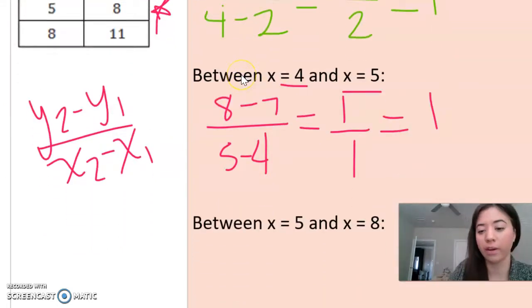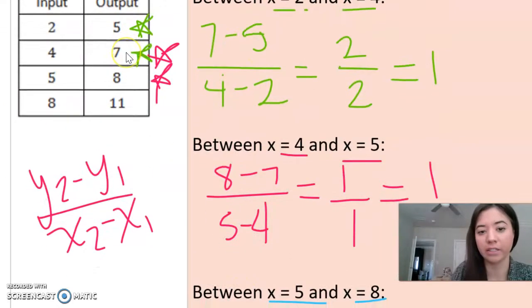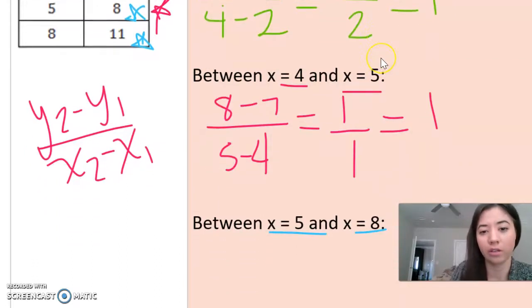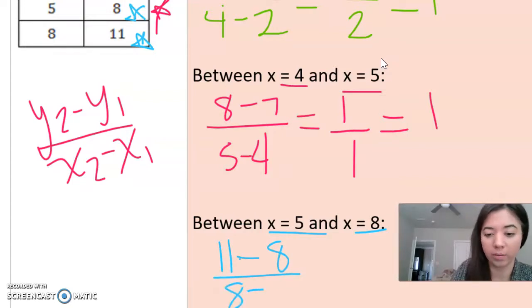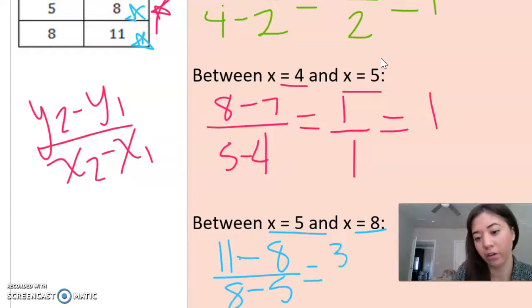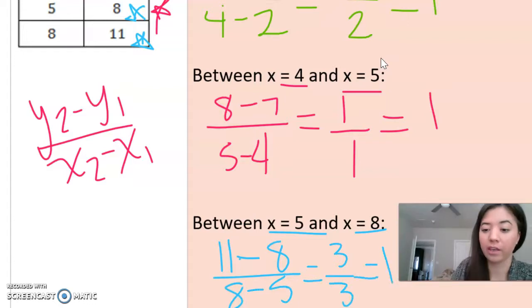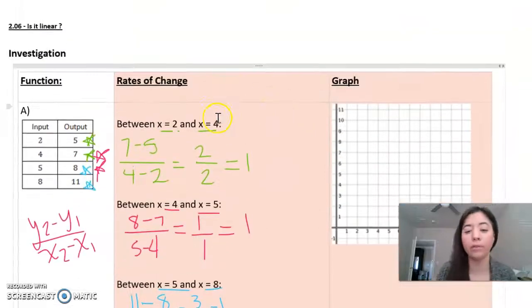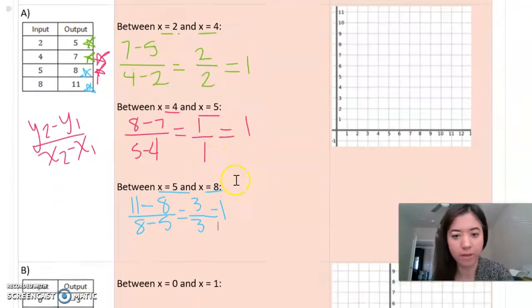And then last one, we have between 5 and 8. So I'm looking here and here. So we have 11 minus 8 over 8 minus 5, 3 over 3, and that equals 1. Okay, so we have our rate of change calculated for all these 3.